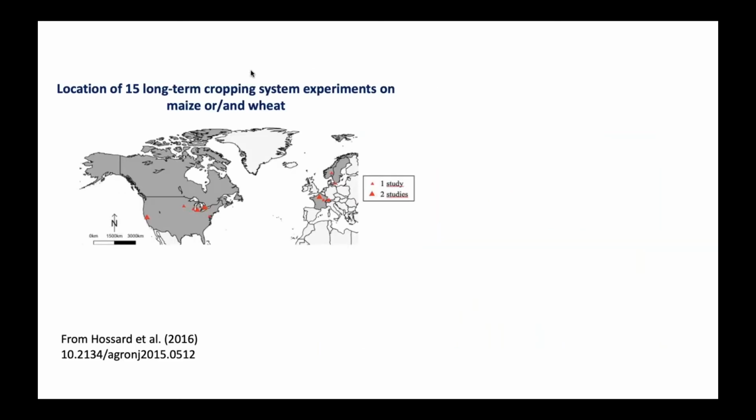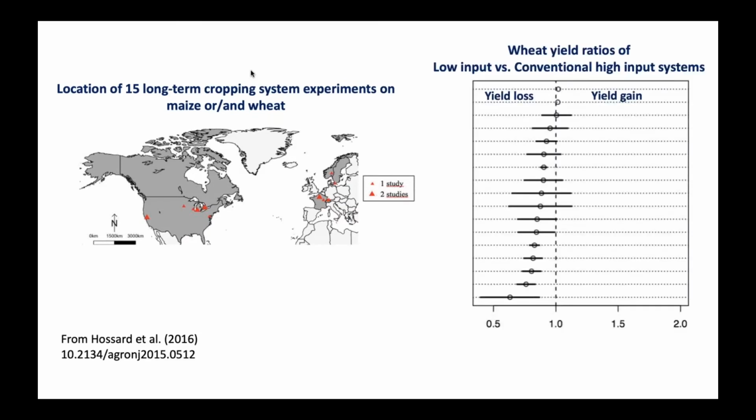So just one example, this is an example of 15 long-term cropping system experiments on maize and wheat in Europe and the United States. What we got from this network is a yield ratio. So we have a series of yield ratios and their confidence intervals, and from that we were able to compute a mean yield ratio.